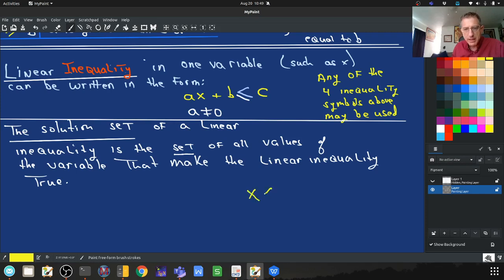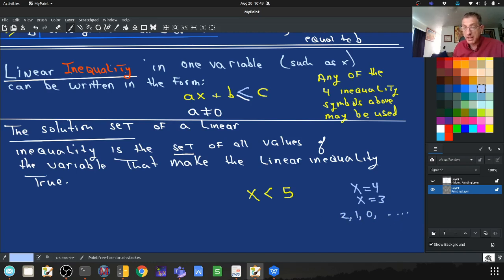So let me just give you an example of this. If I say x is less than 5, well, clearly, let's think of how many values of x make this true. If x is equal to 4, that's a true statement. If x is equal to 3, it's a true statement. If it's equal to 2, 1, 0, and the list goes on.